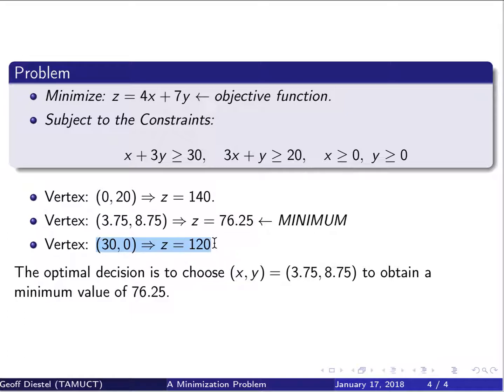And since we want the lowest value, our decision is to choose the values of x and y to be 3.75 and 8.75 respectively to give us our minimum value, or our objective, of 76.25.